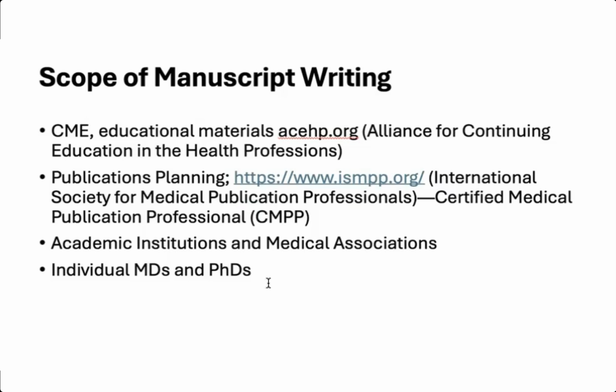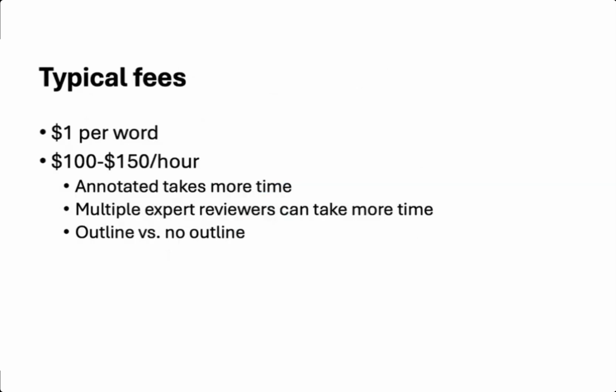Typical fees for manuscript writing will be $1 per word or more, and then $100 to $150 an hour is usually in the range of what a client would expect to pay. Annotations take a lot more time than if it's not annotated, so keep that in mind.